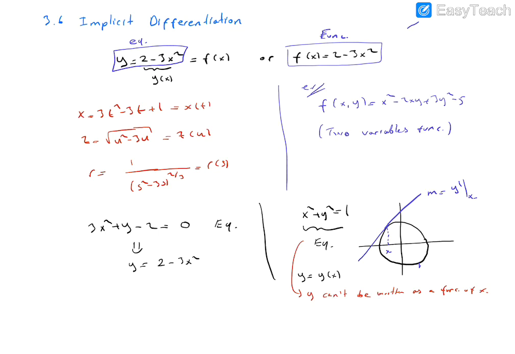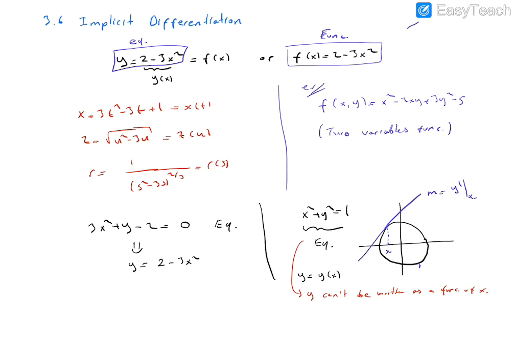On the other hand, the y in the equation 3x squared plus y minus 2 is the same y as in the function 2 minus 3x squared, but it is given implicitly.